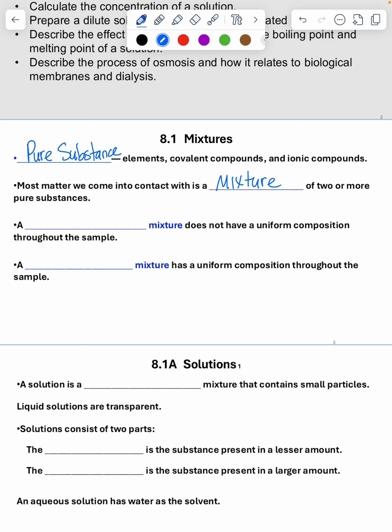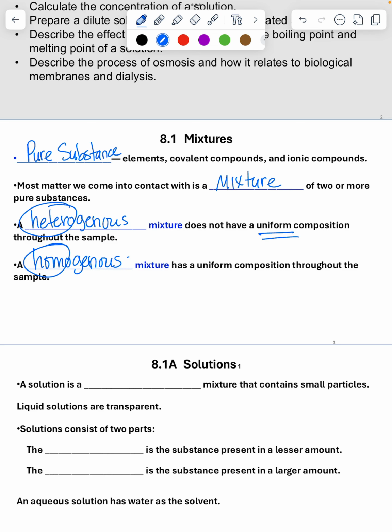And they can be further divided into two categories, the first being heterogeneous mixtures. Their characteristic is they do not have a uniform composition, or it could be homogeneous. So hopefully you've heard of these before. Concentrating on the prefixes hetero and homo helps you remember the definition.